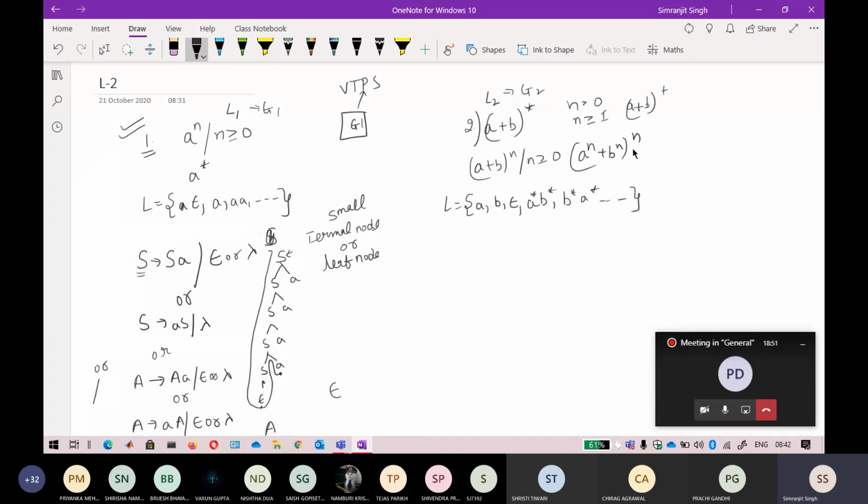If you remember the regular identities, (a plus b) star can also be written like (a star plus b star) star. It just confirms that a can be repeated any number of times, b can be repeated any number of times, and the star ensures that there is no compulsion on the order of when b comes and when a comes. So that is the thing.